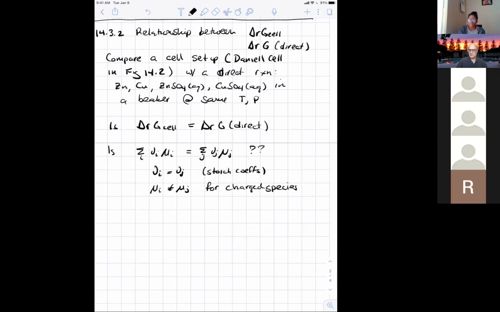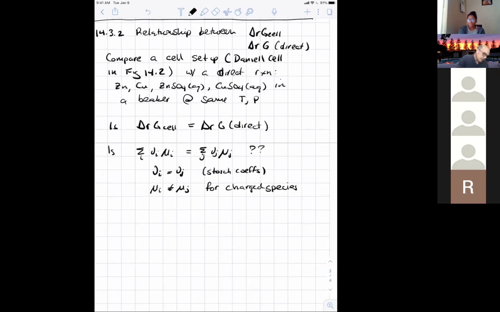I haven't really seen this kind of entropic treatment, but I think it's kind of related to entropy, although I haven't quite figured that out yet. But anyway, this means the charged species will have different chemical potentials in the two systems. So that gives us something to focus on.